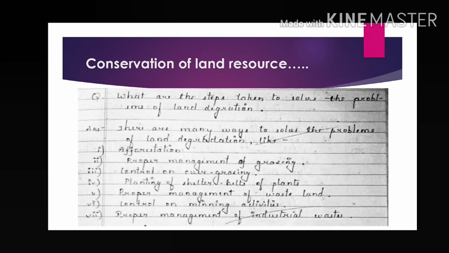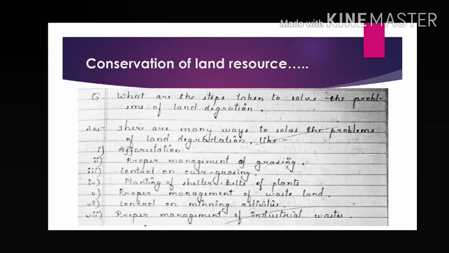Second number, proper management of grazing. Animal rearing is necessary, but it should not be beyond the limit. And third number, control on overgrazing, which is the same.